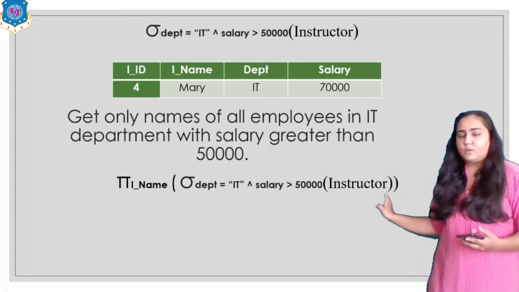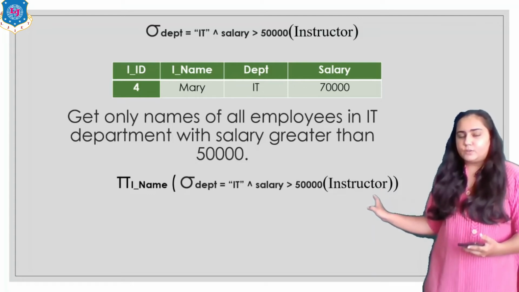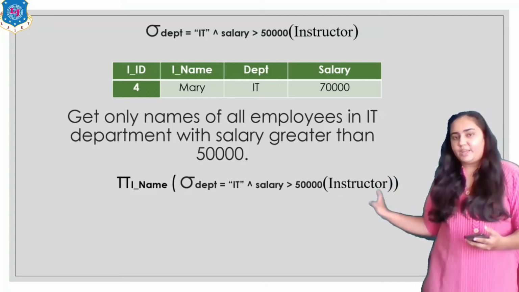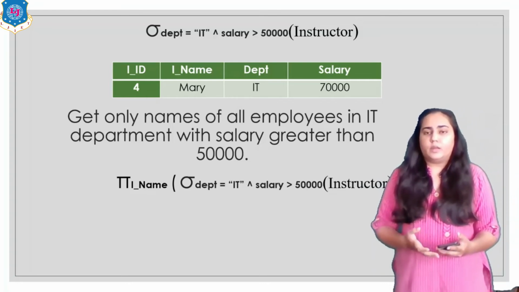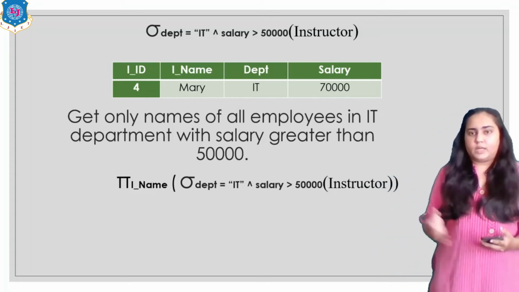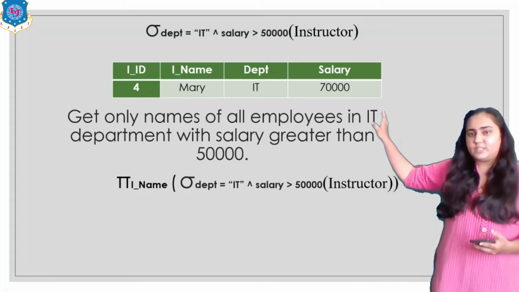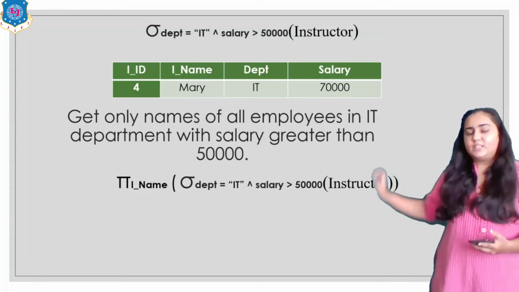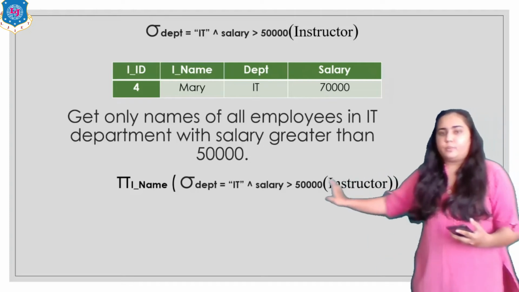Now notice here how this inner query is enclosed within these brackets. These brackets help you to create a relation inside whatever is inside the bracket. So whatever you see here, this table that you see here, that table is actually the input for the pi operation.